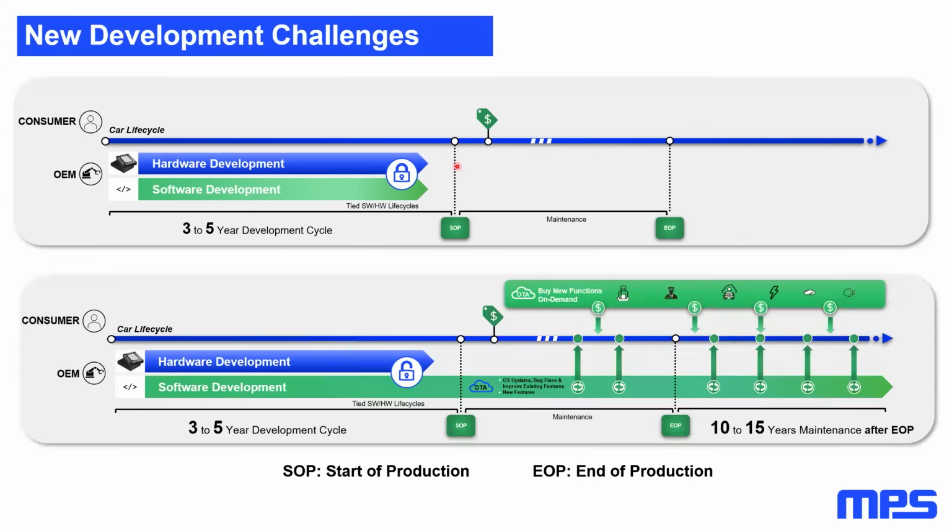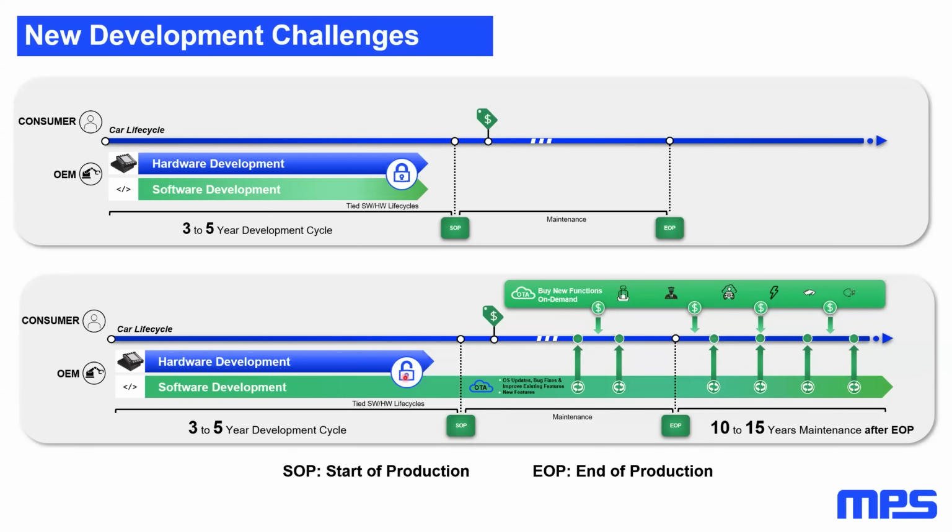The new approach to the development cycle is with the hardware and the software no longer linked. So we can launch a vehicle at the start of production, SOP, and continue the software development over a hardware that enables continuous expansion and improvement. This is what we call today the software-defined vehicle, aka SDV.